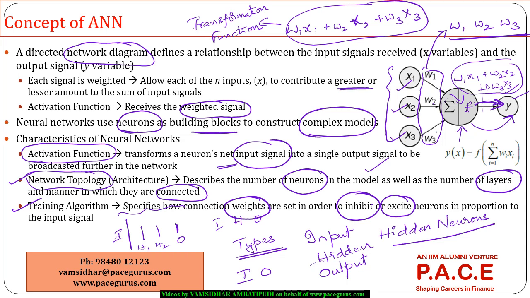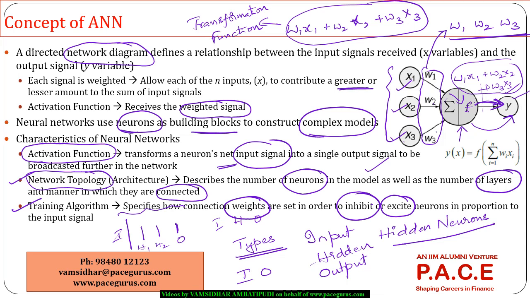Based on the input signal, if I want to either inhibit a particular neuron or excite a particular neuron, what kind of weights should I set for W1, W2, W3? That goes as a part of the training algorithm.